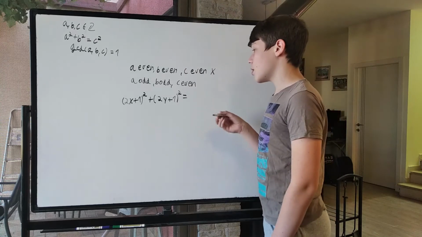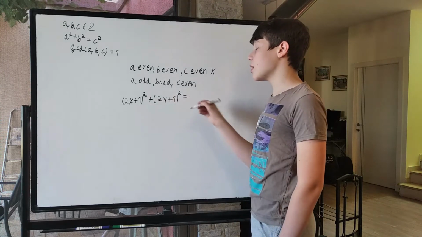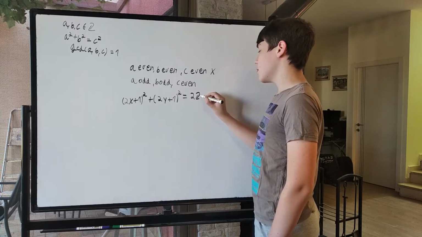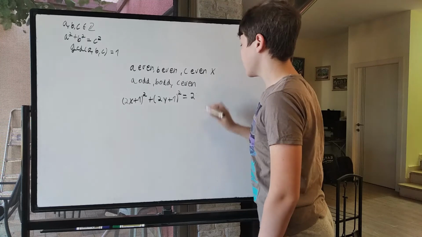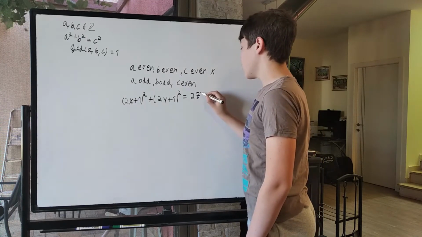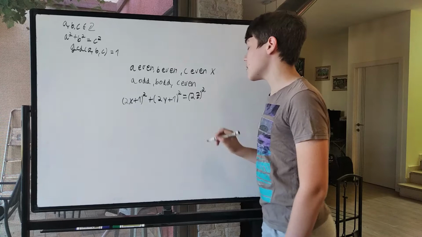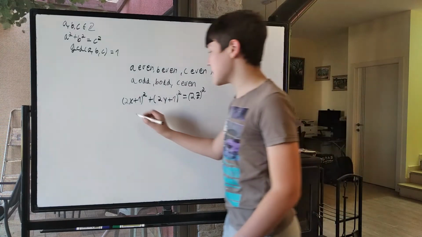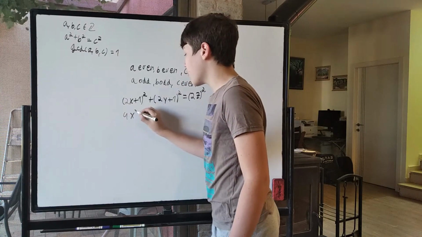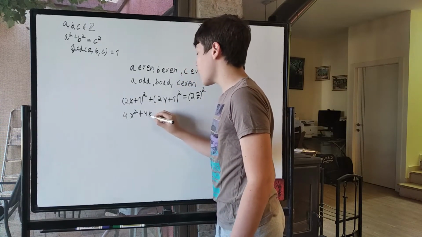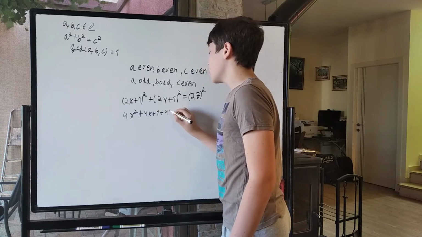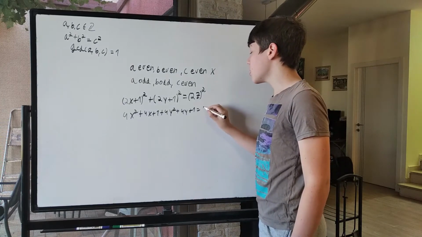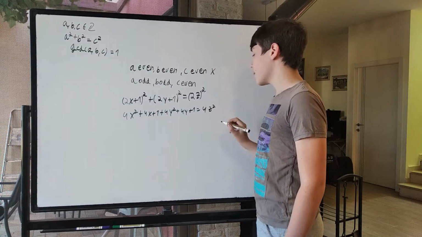And because C has to be even, because these two are odd, let's write it as 2z, and that is squared. If we expand this out, we get 4x squared plus 4x plus 1 plus 4y squared plus 4y plus 1 is 4z squared.